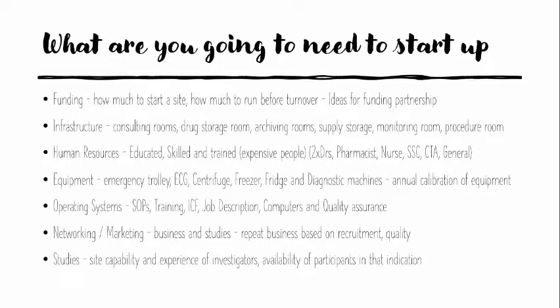Some sponsors would require a refrigerated centrifuge. You need freezers and a fridge, and the freezer and the fridge must also be monitored. So whatever device you are using to monitor your fridge needs to be calibrated or valid. Diagnostic machines and all these other equipment that you require, you need to make sure that you maintain annually. So you calibrate those, and you buy medication for the emergency trolley.